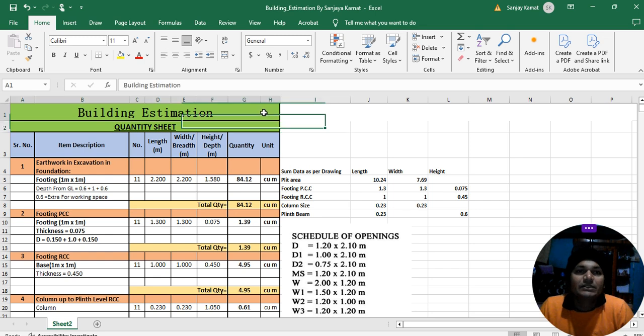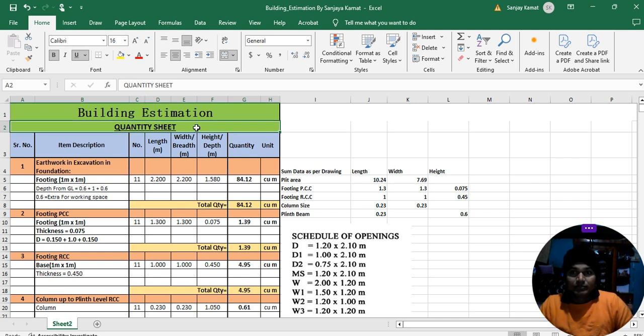Basically, before we start building houses, we have a plan, elevation and section, different parts of the building. What we observe is how much total amount will be spent for building the building or houses.